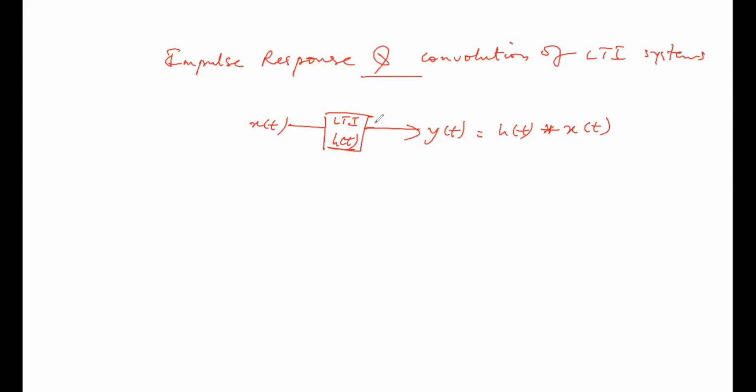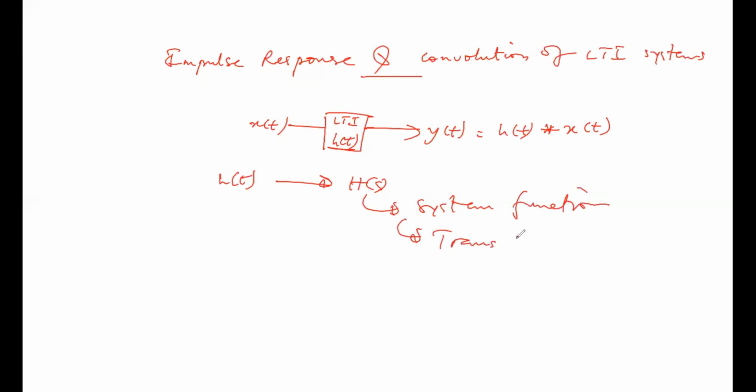Okay? And now, this impulse response h(t) is easier to evaluate in the frequency domain, which gives us H(s). So H(s) in this case is referred to as the system function, like we mentioned earlier, or better still, the transfer function of the system, and is the frequency domain representation of this impulse response.